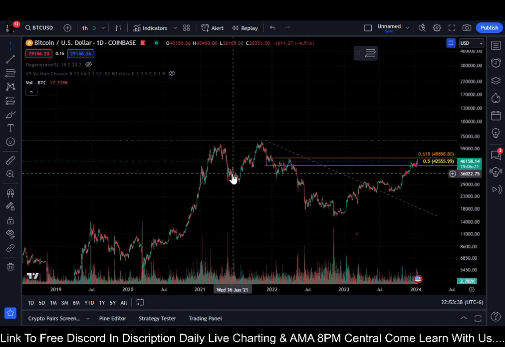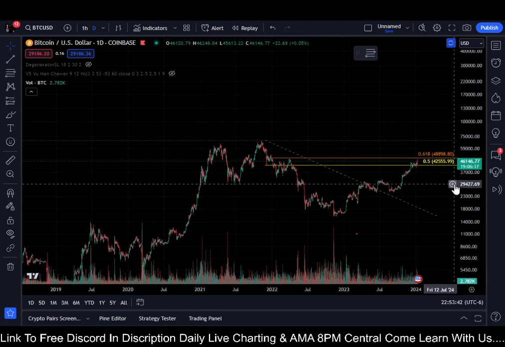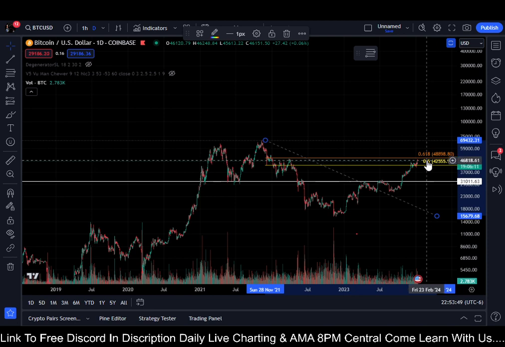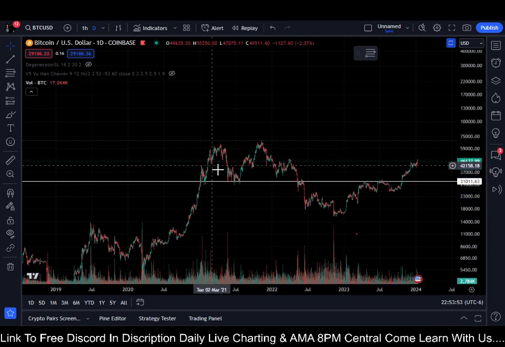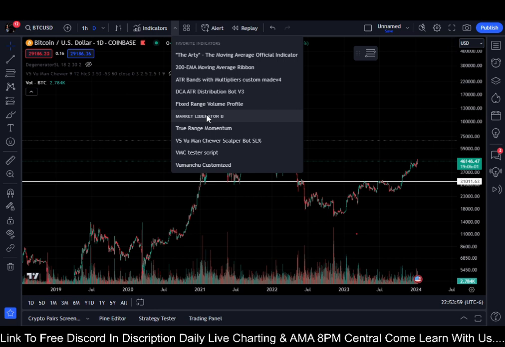And then if we pull a volume profile, if we think about this upper range here, we can split this in half as we've talked about many times before. And when price traded up here previously, we can pull a fixed range volume profile.